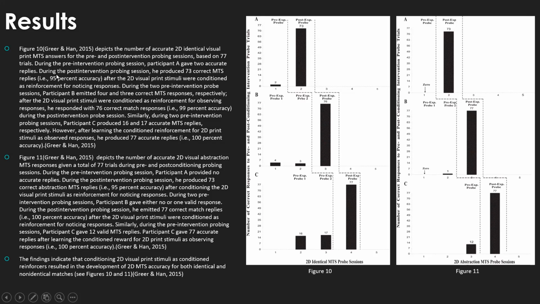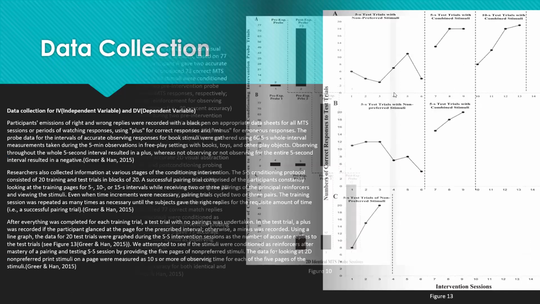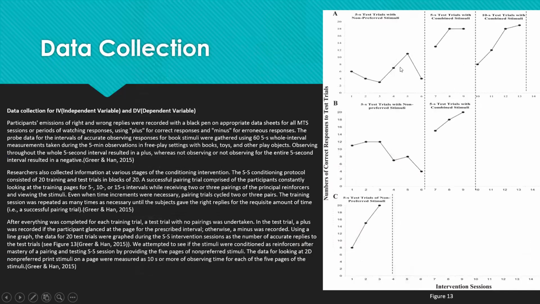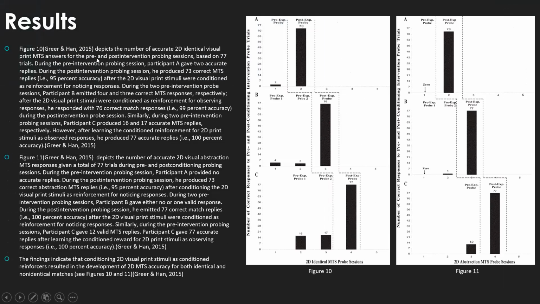During the post-intervention probing session, he produced 73 correct MTS replies. You see the difference, right? Seeing the difference without the intervention sessions, between pre- and post-intervention, is a massive difference. That's the power of reinforcing.